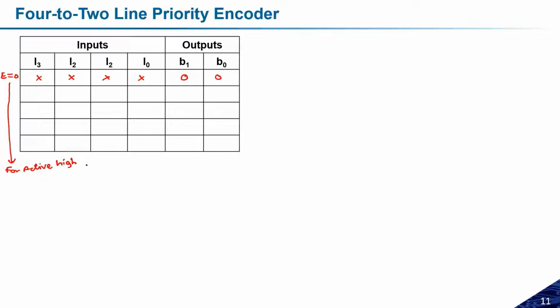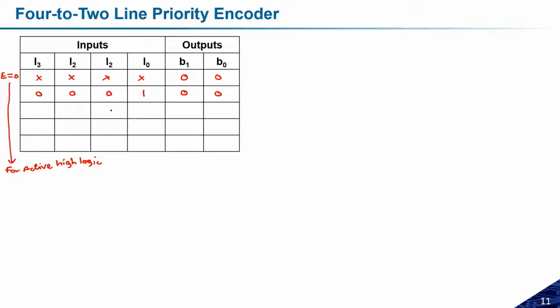For active high logic, if E is equal to 0 and whatever the condition of I is, I will always get 0, 0. Okay. Now, what are the other combinations? The first combination could be I0 equal to 1 and all the rest 0. So in that case, I will get 0, 0.